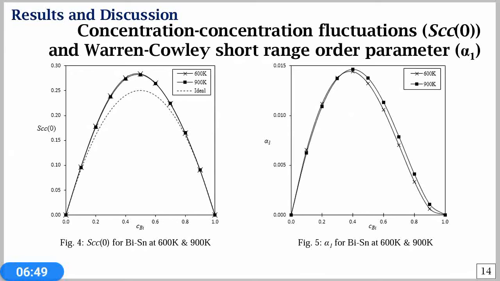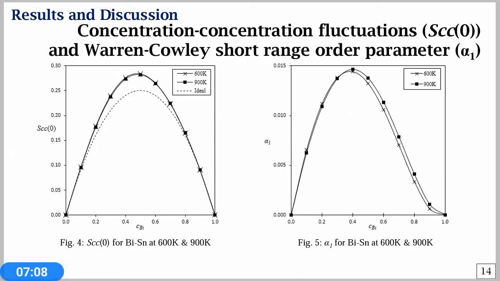Figure 4 shows the SEC0 for bismuth tin at 600 Kelvin and 900 Kelvin. It also shows the ideal SEC0, which is represented by the dashed lines.